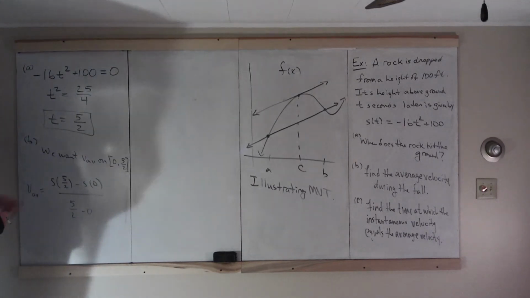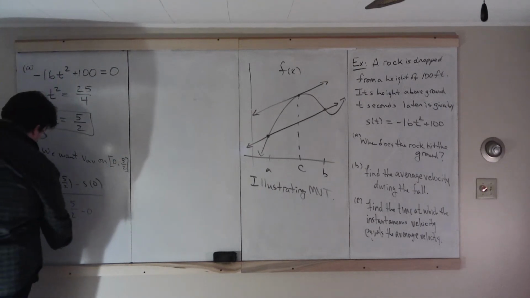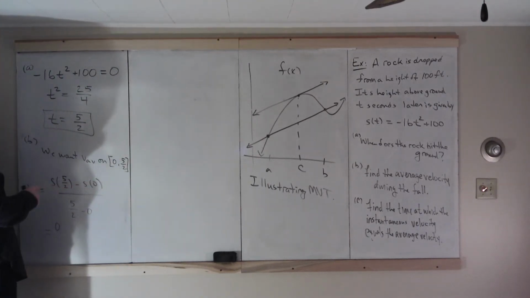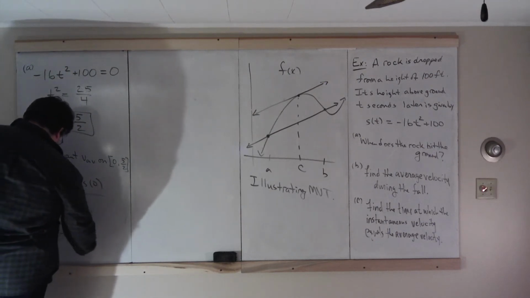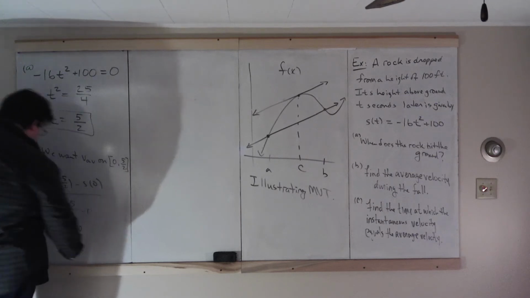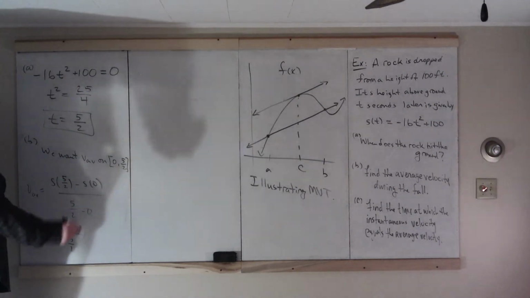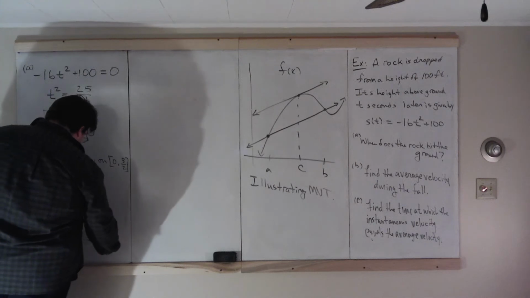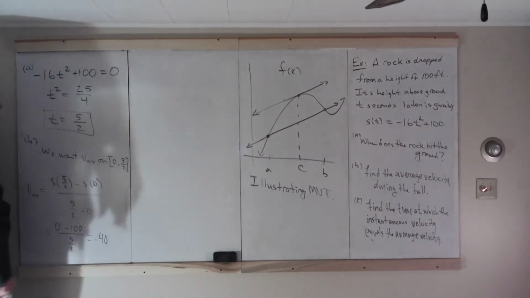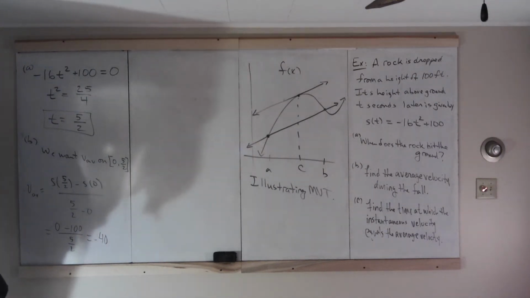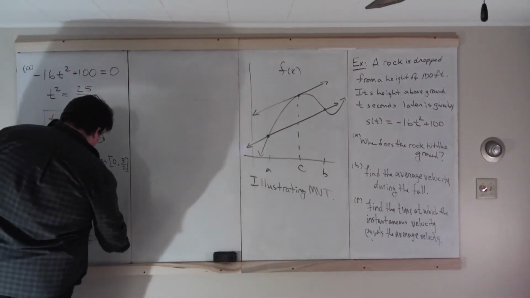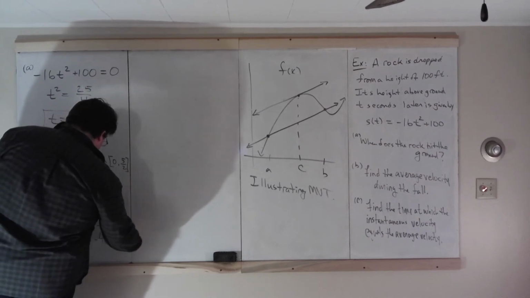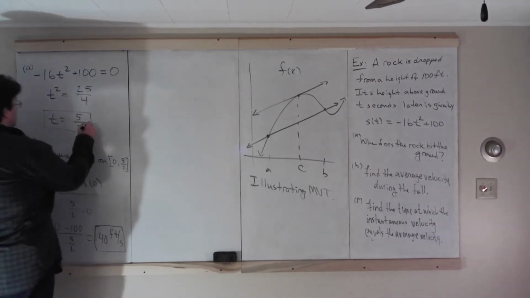Conveniently, we already found that the position at 5 halves was 0. S at 0 is 100, divided by 5 halves, and 100 times 2/5 is 40. And there's a negative on that, so we get negative 40. What are our units? Feet and seconds, probably? Yeah, feet per second.